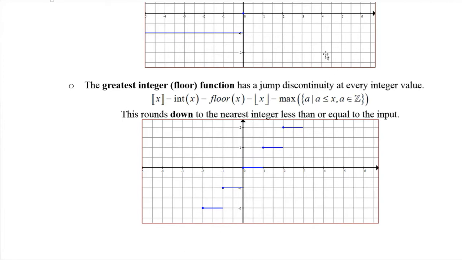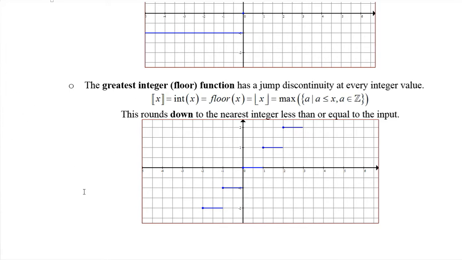But in between, it's not on that straight line, it's on horizontal line segments. This is an example of a step function, because it looks like stair steps. Notice it has a jump discontinuity at each integer. All the numbers between 0 and 1 have an output of 0, but 1 has an output of 1, so there's a jump discontinuity there. Each line segment has a closed dot on the left and an open dot on the right.